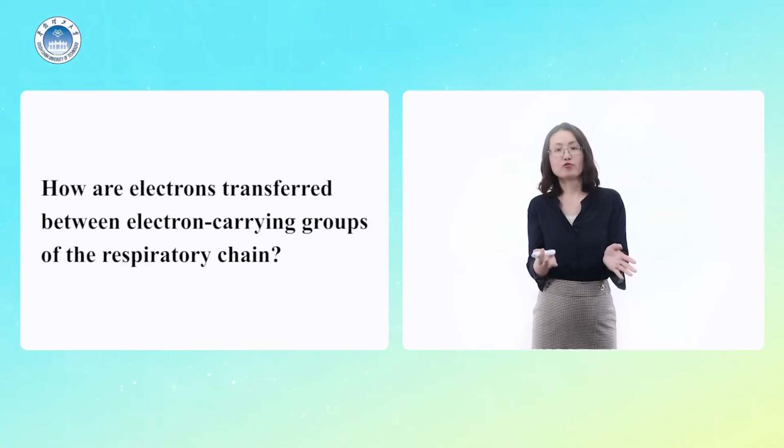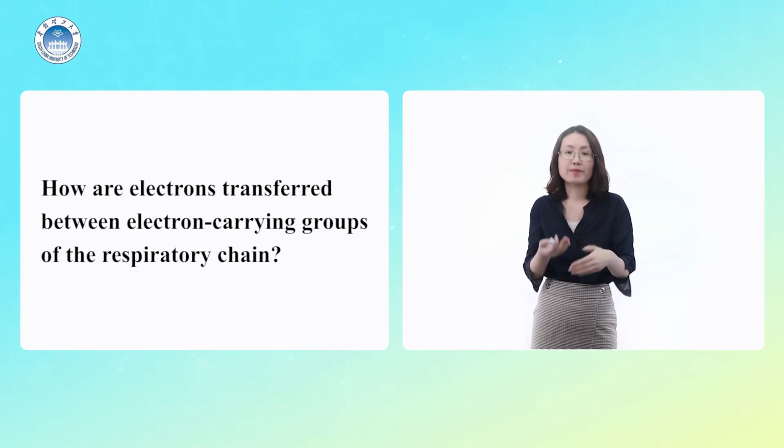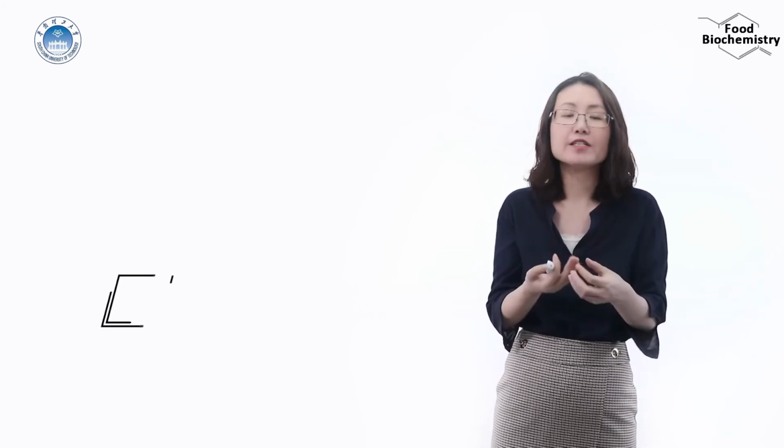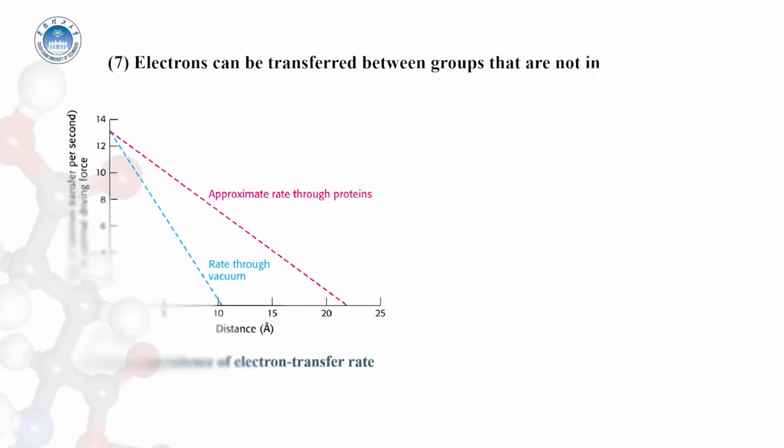How are electrons transferred between electron-carrying groups of the respiratory chain? These groups are frequently buried in the interior of a protein, in fixed positions, and are therefore not directly in contact with one another. Electrons can move through space, even through a vacuum.